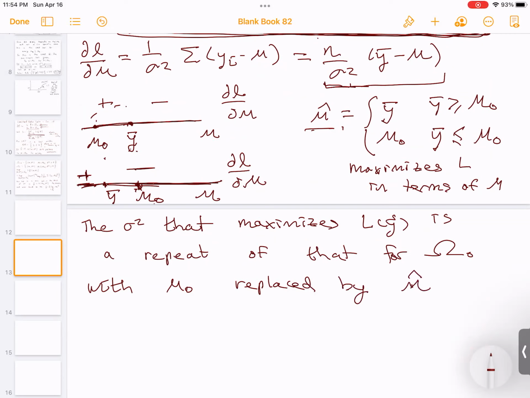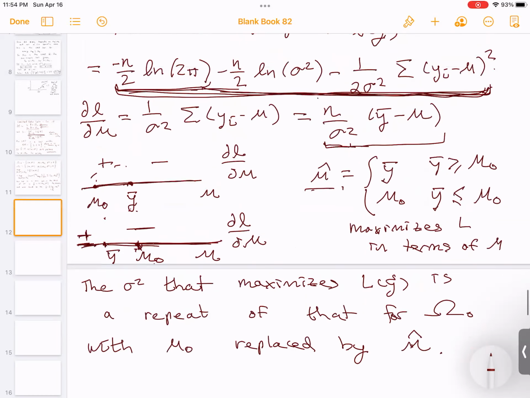Either y bar or mu 0, depending on where y bar lands. Okay. All right. So let's write our answer down.